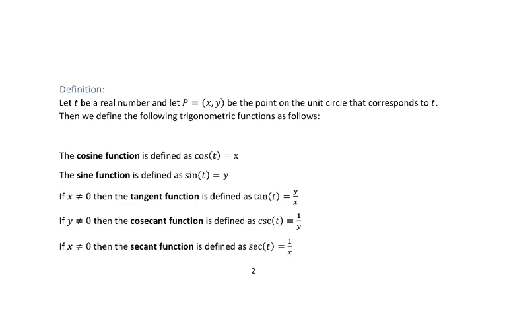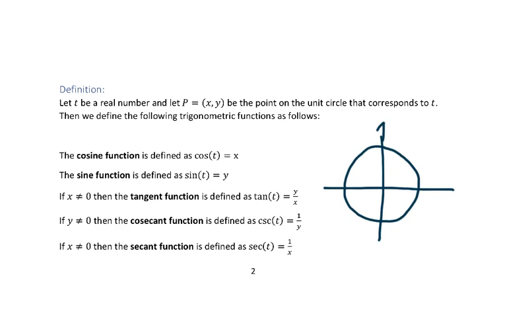So just to make it a little bit clearer, let me draw again the unit circle. Here's y, here's x. Again, the radius is 1. So you give me any real number t, walk along the path, and the point you end up at, this is t units long.